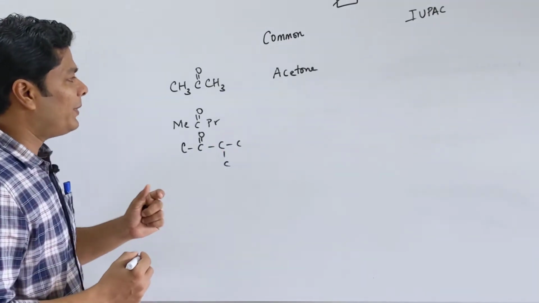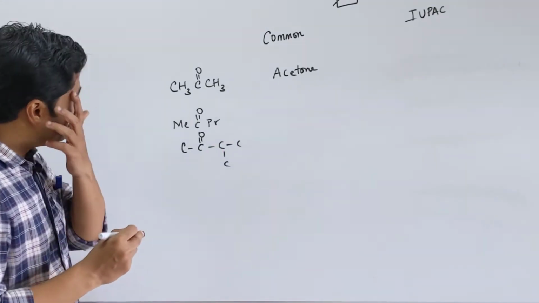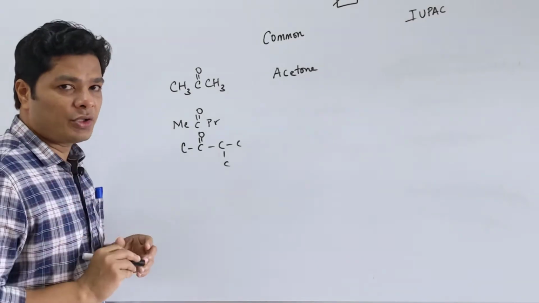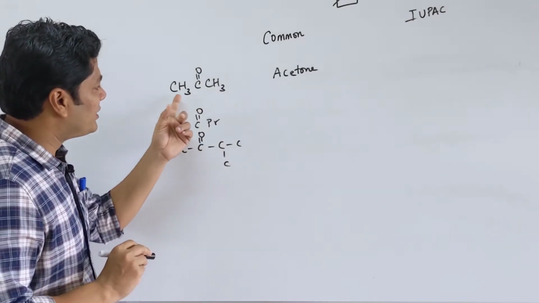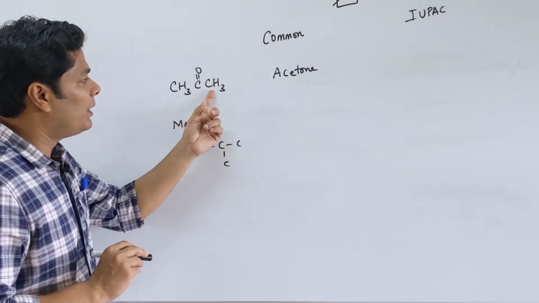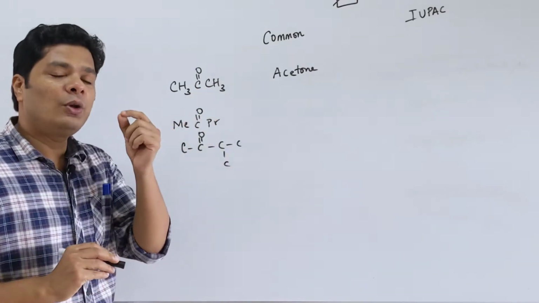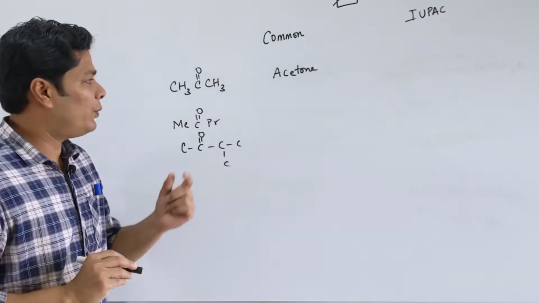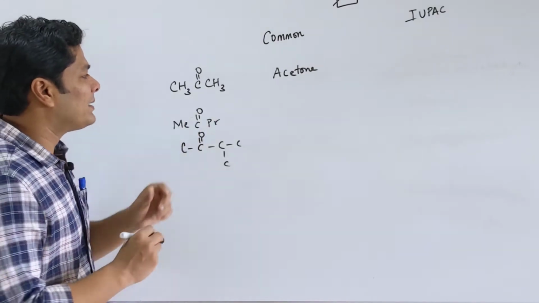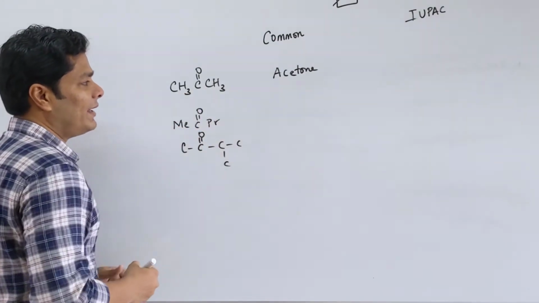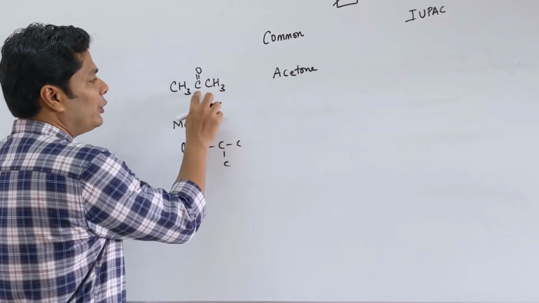When it goes to IUPAC, in IUPAC what you want to do is get the longest chain possible. So the longest chain includes the carbonyl group, and you want to give the lowest numbering for the C double bond O. Here I don't have to worry because either way I go, the numbering is the same. So 1, 2, 3 or 1, 2, 3.